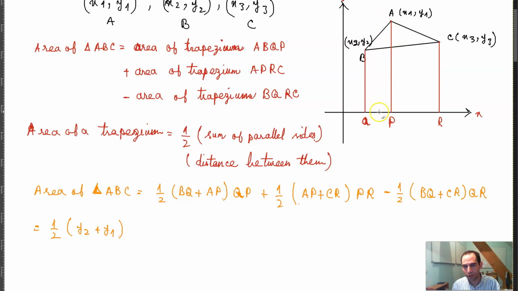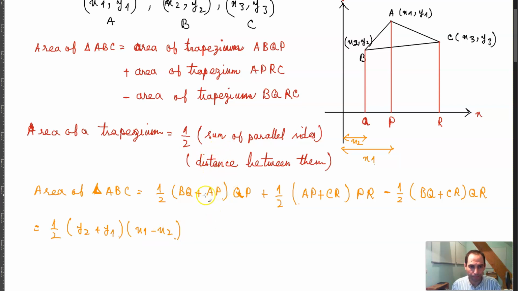You see over here, this distance is x1, and this distance is x2, and therefore this distance would be x1 minus x2.